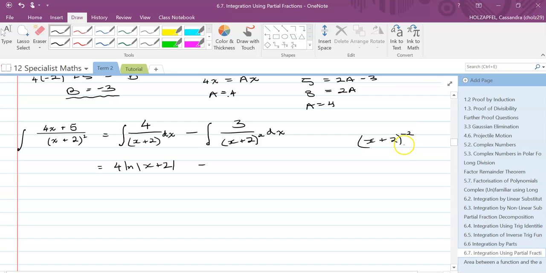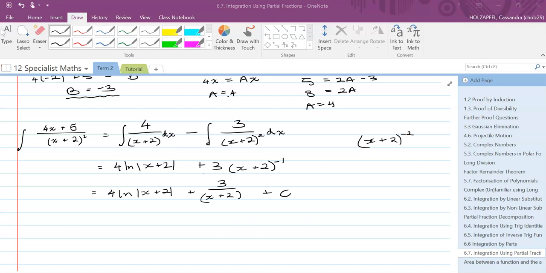So we could use our chain rule here, and hopefully you'll be able to appreciate that I'm just going to add 1 to this power and then divide by the derivative of the inside function. So that's going to give me -3 lots of x plus 2 to the power of -1 divided by -1, and then I now have my function. So let's rewrite that. And there we go. So I now have my completed integral of the function 4x plus 5 over x plus 2 squared.